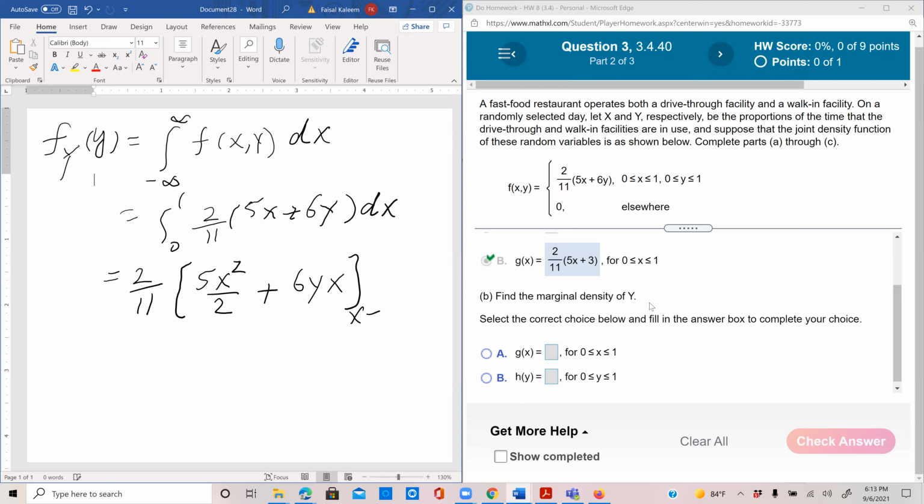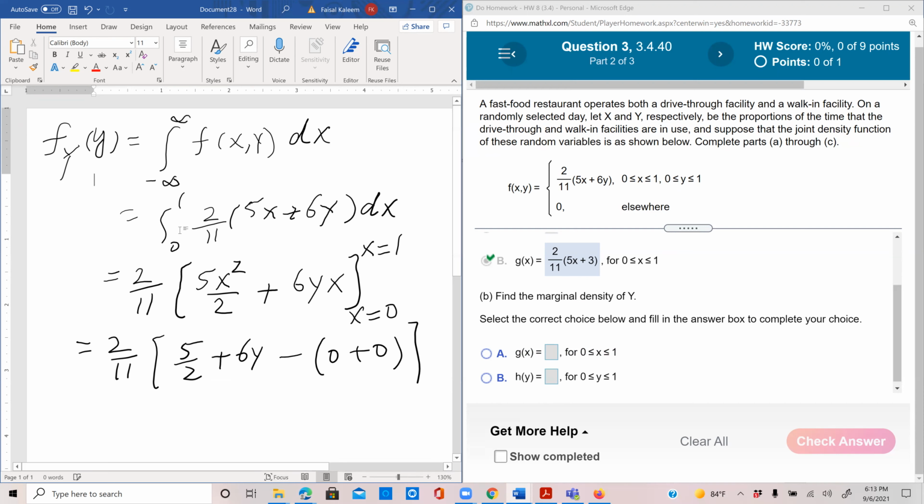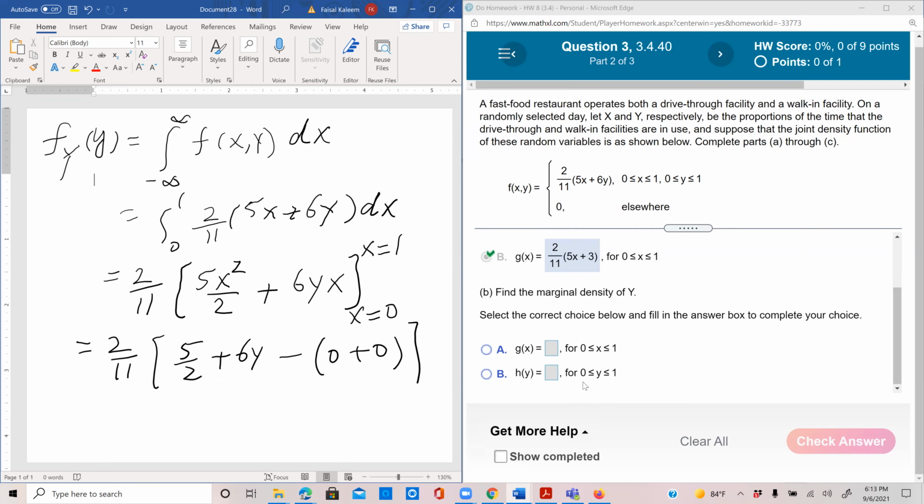And now x is 0, and x is 1. So when you put x equals 1, you get 5 by 2 plus 6y. And then when you put in 0, you get minus 0 plus 0. Because this one has an x in it and this one has an x in it. They're both going to be 0 when x is 0. So you get 2 over 11, 5 over 2 plus 6y.